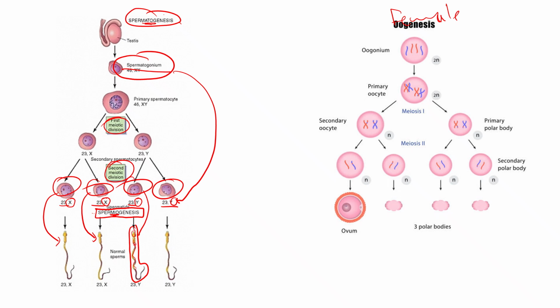That process of coming from here to here is what we call spermiogenesis, and that takes place in the epididymis.